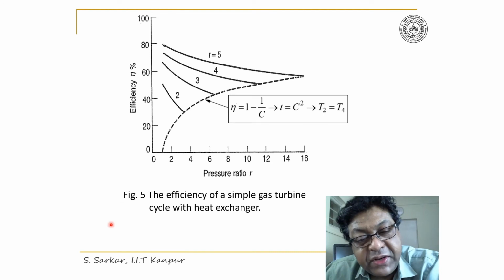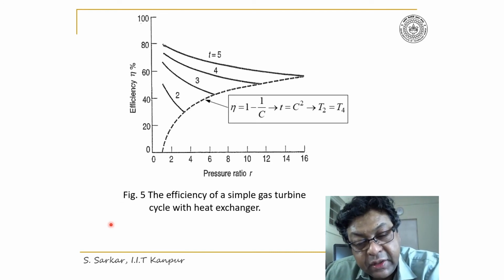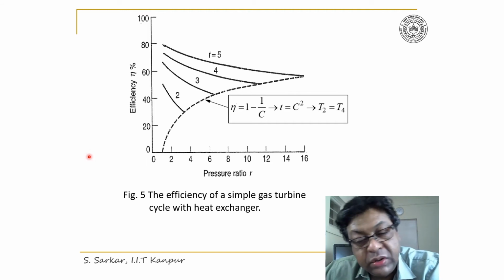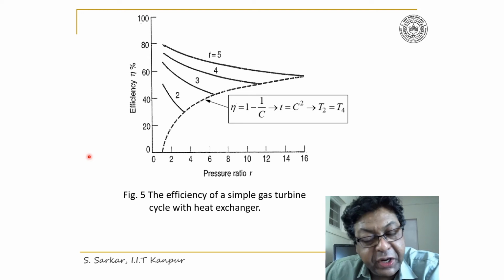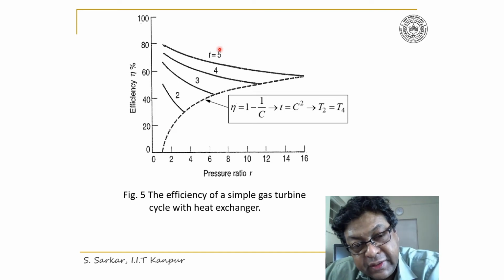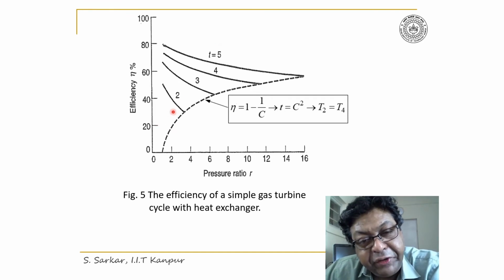Figure 5 illustrates the efficiency of a simple gas turbine cycle with heat exchanger. Look, efficiency is a function of both temperature ratio, small t, and pressure ratio. Now, as temperature ratio increases, the efficiency increases.